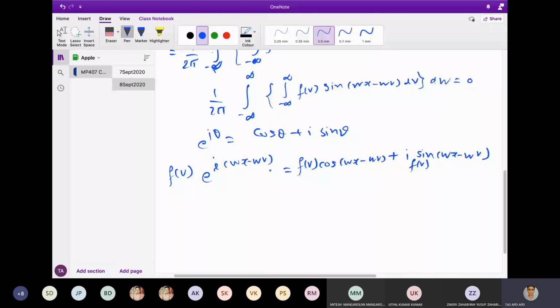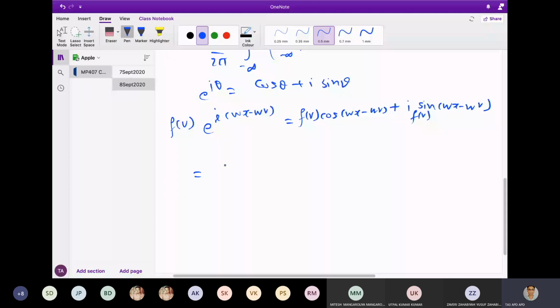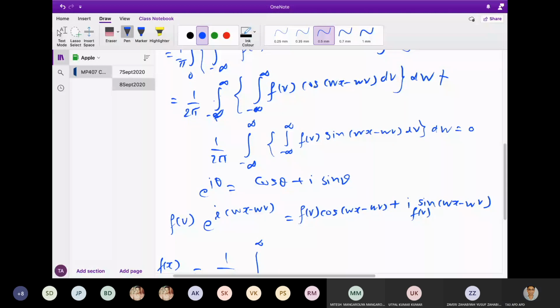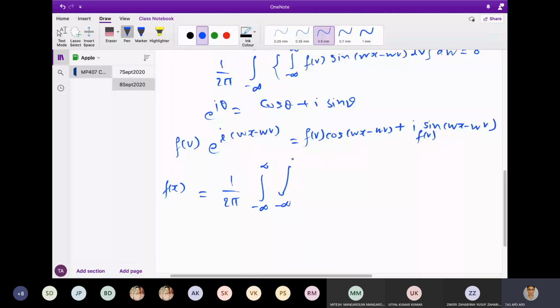So this is the expression for f of x. f of x equals 1 over 2 pi integral from minus infinity to plus infinity, our first integral, and the second integral now combined with the exponential: minus infinity to plus infinity f of v into e to the power i wx minus wv, with integration with respect to dv dw.